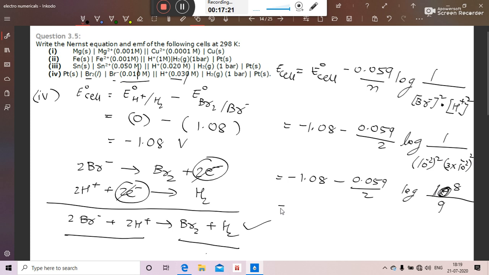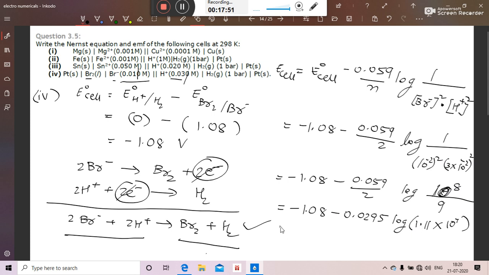So it is equal to minus 1.08 minus, now 0.059 upon 2 is 0.0295 log of, now 10 raised to 8 can be written as 10 into 10 raised to 7, right? So 10 into 10 raised to 7. 10 raised to 7 we will put as it is, and 10 upon 9 will be 1.11.